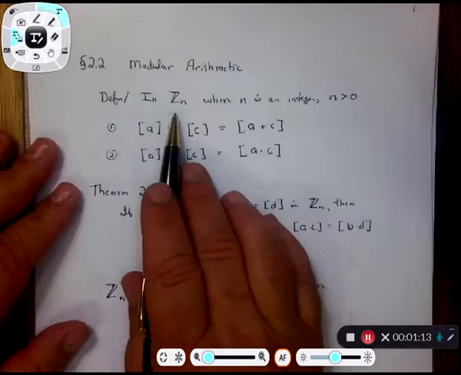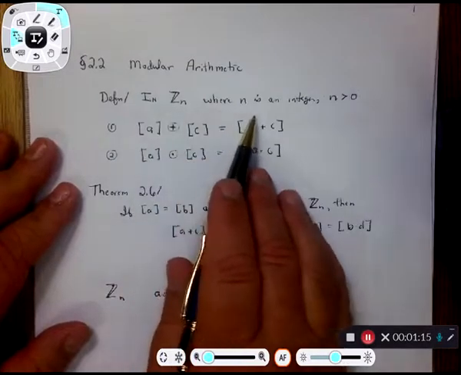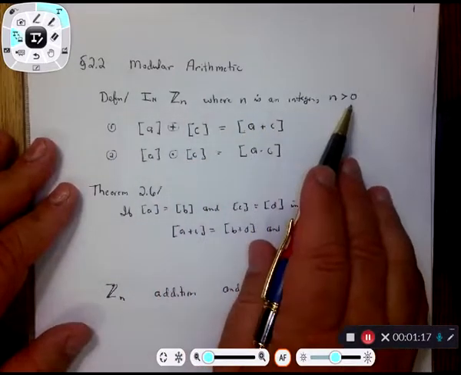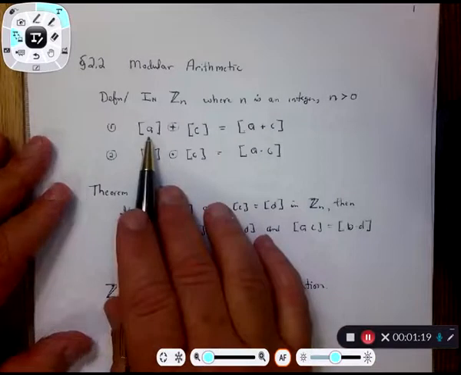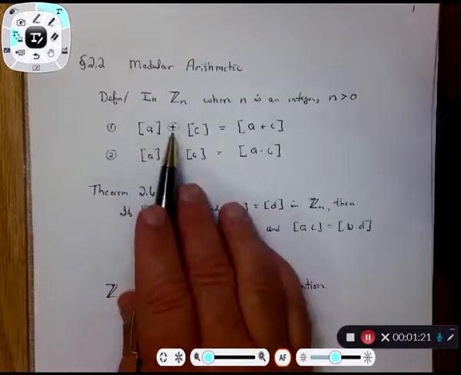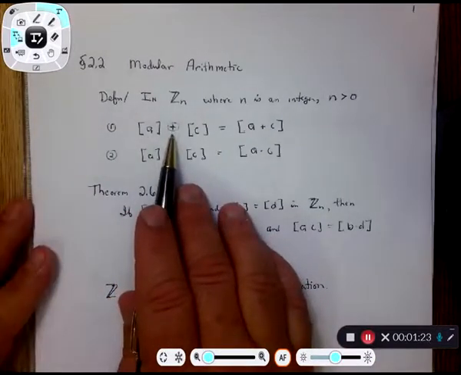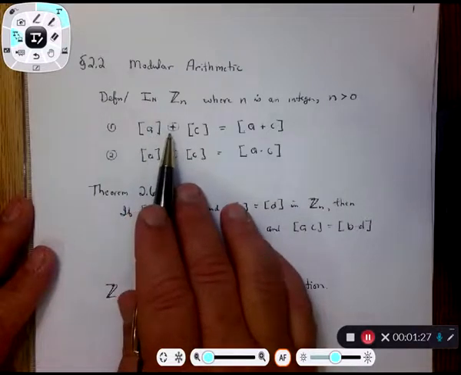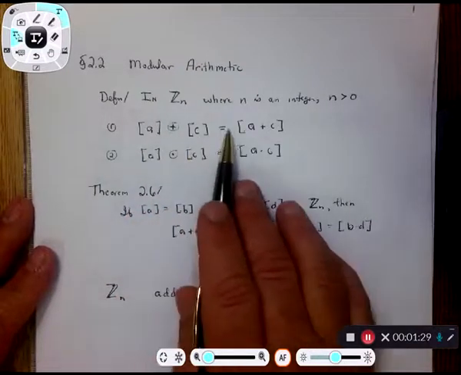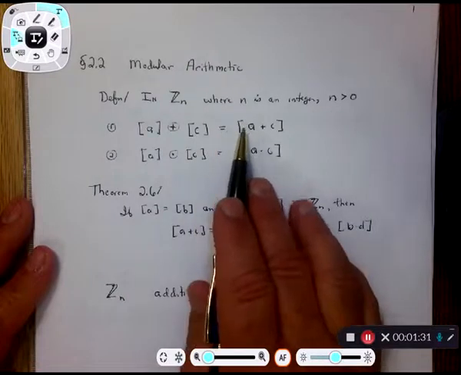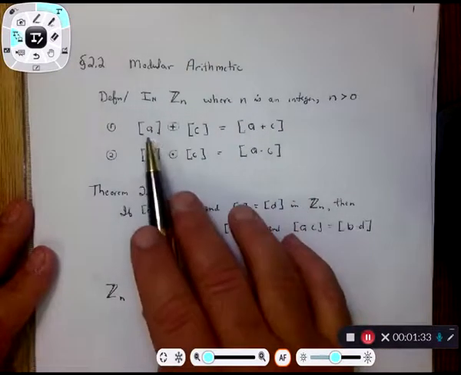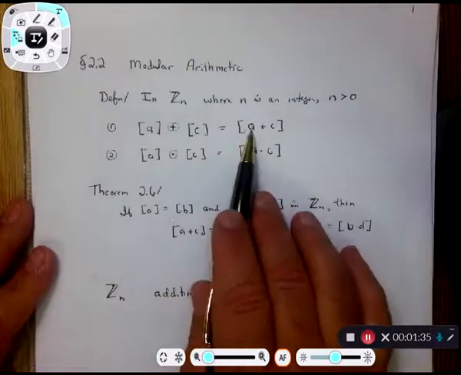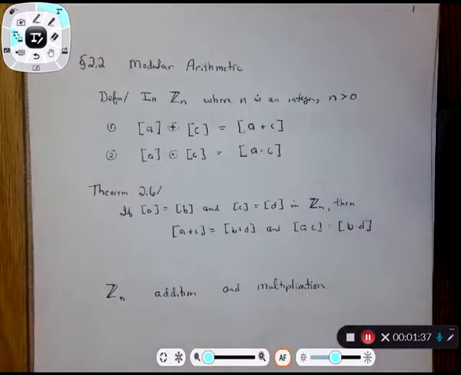In Z mod n, where n is an integer and n is greater than 0, we have this. If you're going to take equivalence class A and add it, and we use a fancy way of adding it, plus with a circle around it, equivalence class A plus equivalence class C, you make one big equivalence class. Now remember, if you get bigger than n, you're going to have to boomerang back and figure out what it's equivalent to by dividing by n.